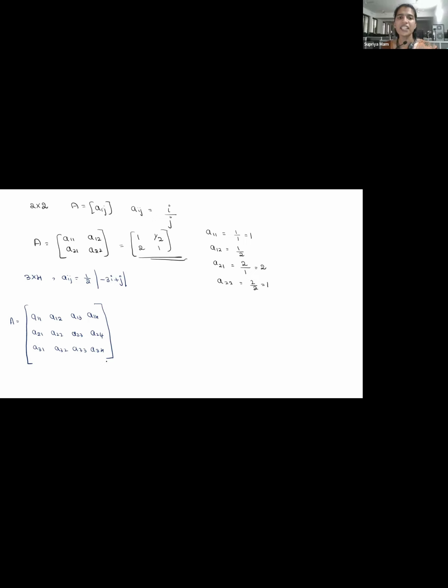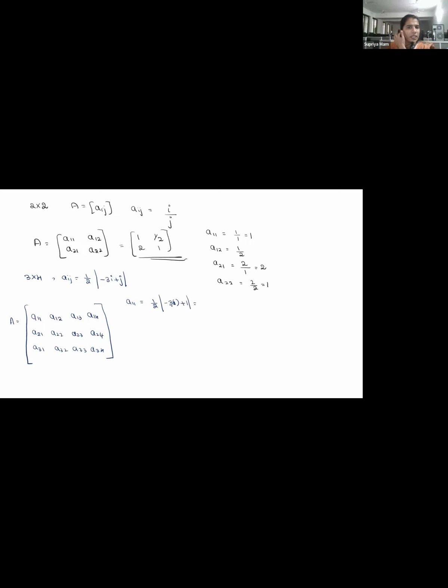Now identify the elements one by one. So let me consider one by one. A11. Yes. Very good, Dakshani. A11 is 1 by 2 into mod of minus 3 into 1 plus 1.